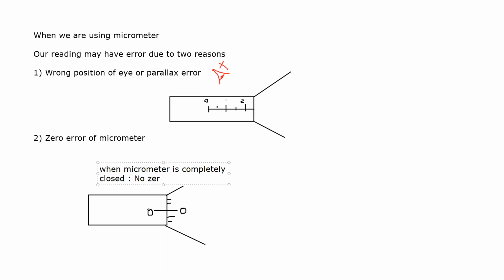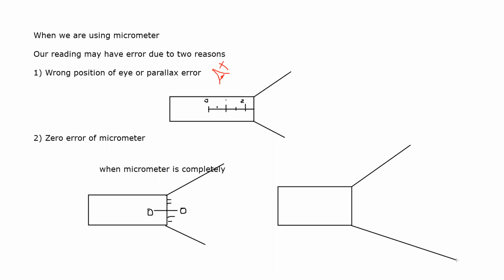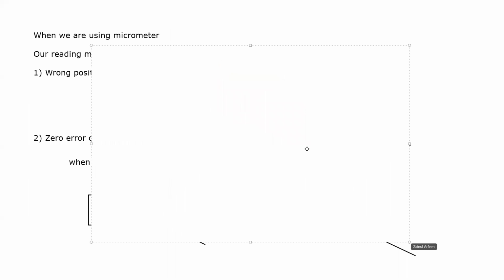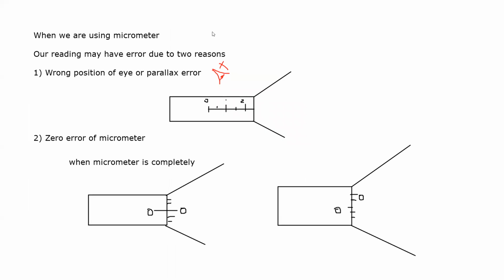But normally, because we are using the apparatus for different purposes, the micrometer might have a deformation of the screw. So due to the deformation or due to the change in the size of the jaws, the zero of the main scale might not coincide with the zero of the circular scale. If that is the condition when the micrometer is completely closed, we call that a zero error.